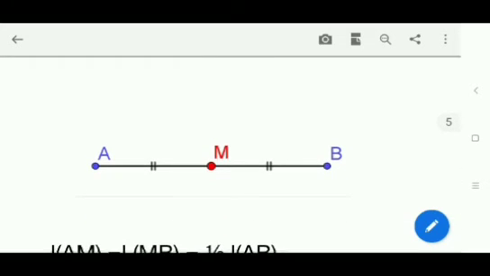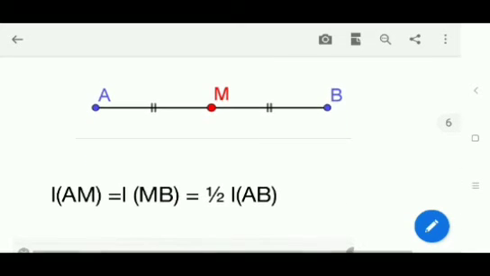So if you look into this figure, we get the relation here. Point M divides segment AB into 2 equal parts. You can see the congruent markings there. So the relation we get from here is length AM will be equal to length MB, and that will be equal to half of length AB.